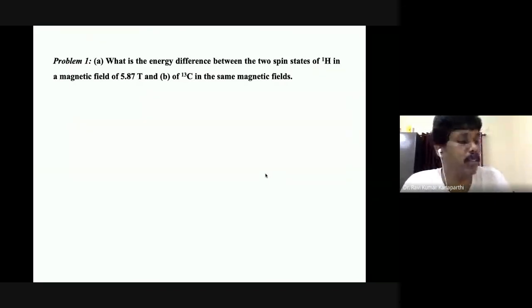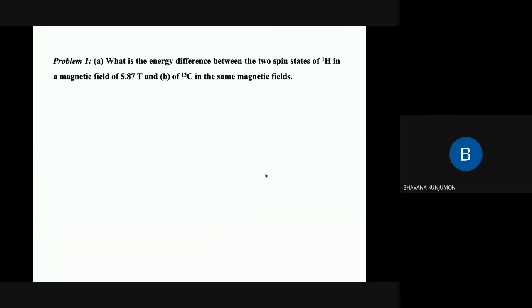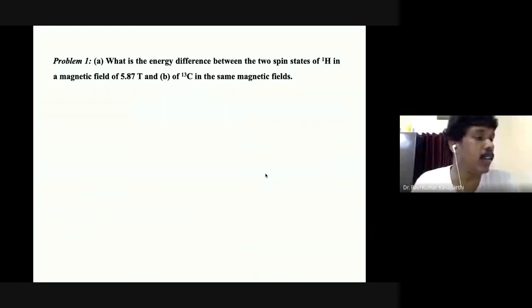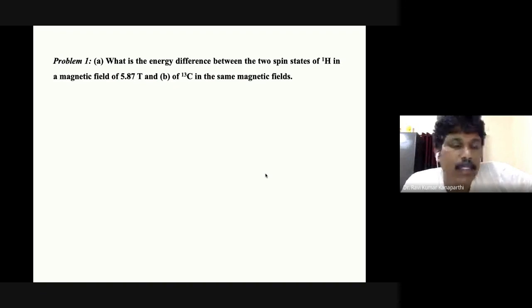How do you estimate the energy difference? What formula should be used here? Gamma h cross B0. Can you estimate and give me the answer? What is gamma? Gamma is 26.75 multiplied by 10 raised to 7 per Tesla per second. That is for the proton.